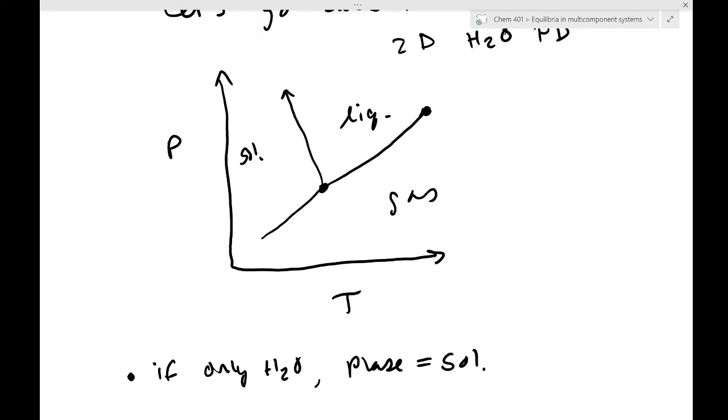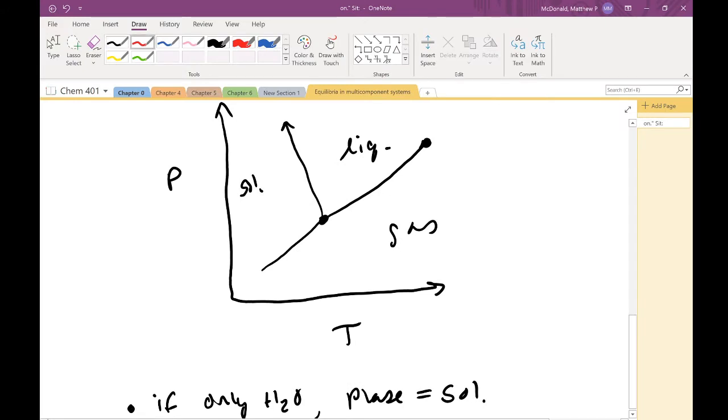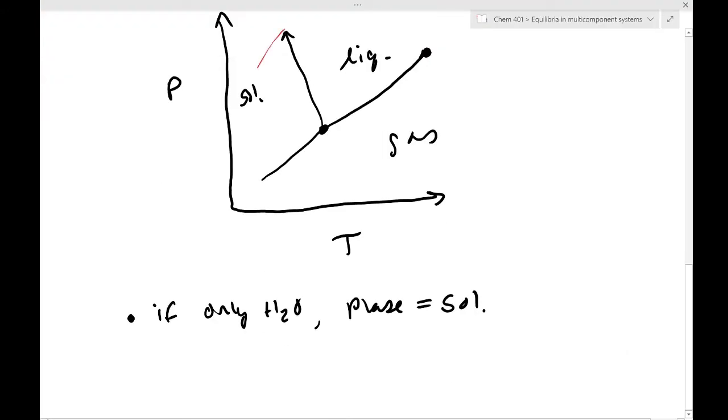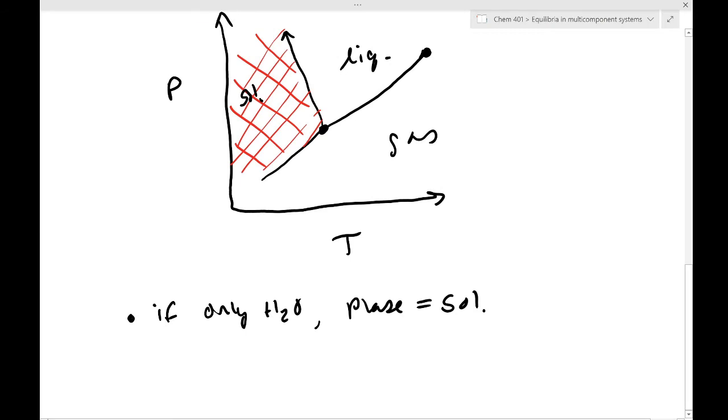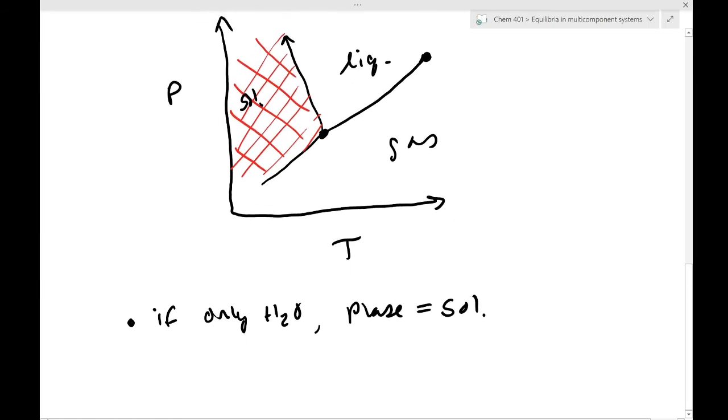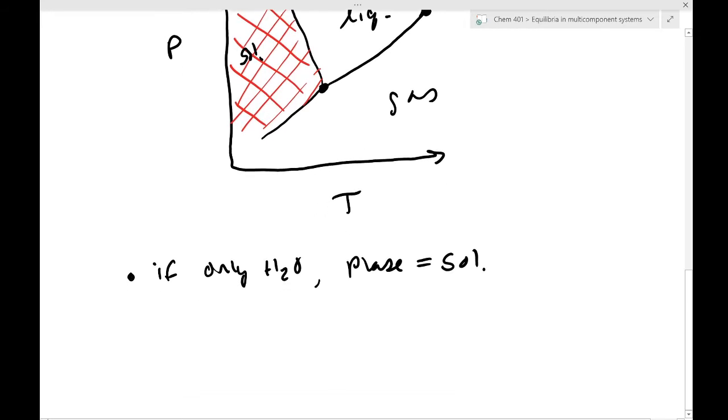That means that we can have any pressure temperature value that is within this shaded region here. And that's because we haven't given enough degrees of freedom. So we can't perfectly describe the state of the system because we only know that it's a solid.